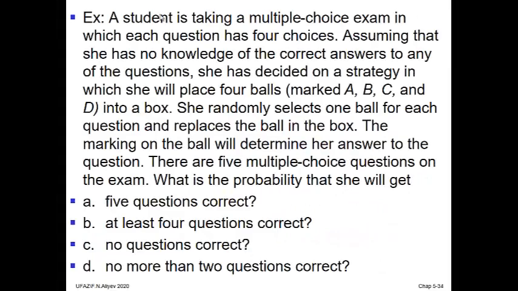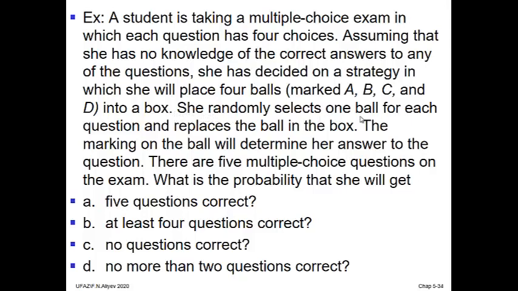Okay, let's consider this example. A student is taking a multiple choice exam in which each question has 4 choices, 4 answers. Assuming that she has no knowledge of the correct answer to any of the questions, she has decided on a strategy in which she will place 4 balls, marked A, B, C, and D in a box. It means that she doesn't know the answer, she just writes the answer directly, selecting one of them without thinking.